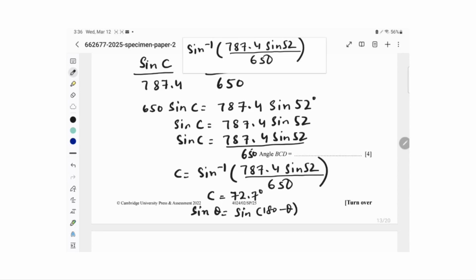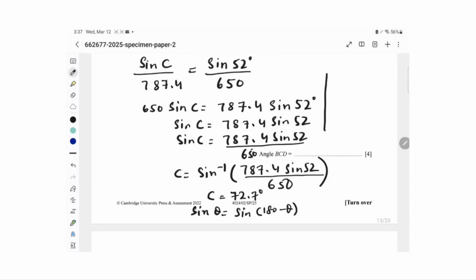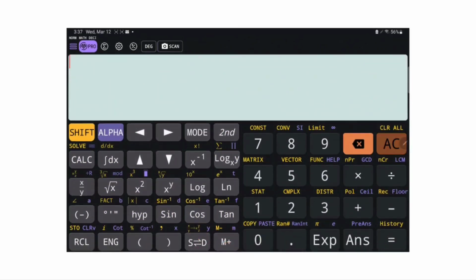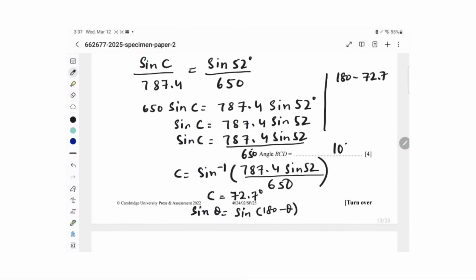Because we are interested in the obtuse angle, angle BCD is equal to 180 minus 72.7, which is 107.3 degrees. This is obtuse, and obviously the other is the acute angle.